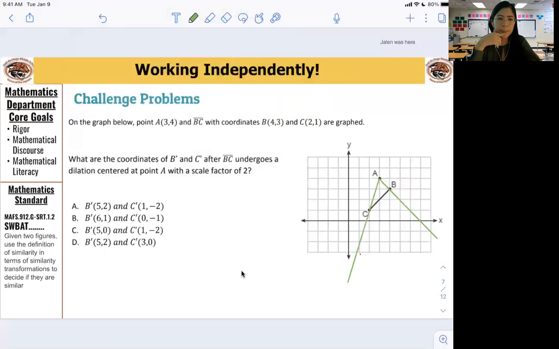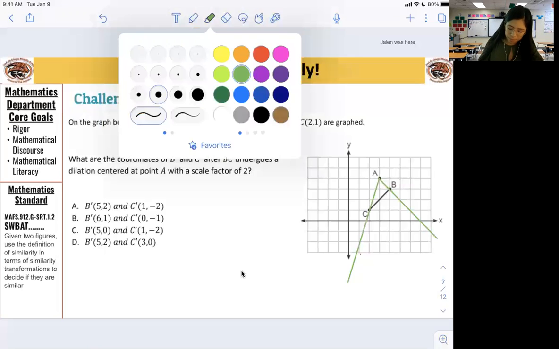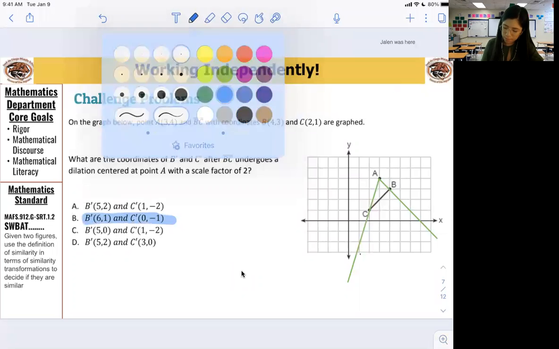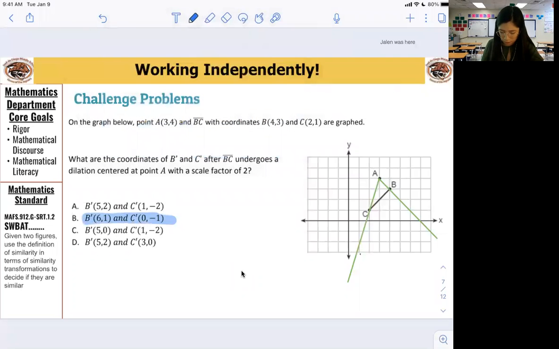Okay, so Perla is saying B. Let's take a look at B. So B is (6, 1) and (0, -1). So that would put me at 6, 1, 2, 3, 4, 5, 6, 1 right here, and (0, -1) over here.